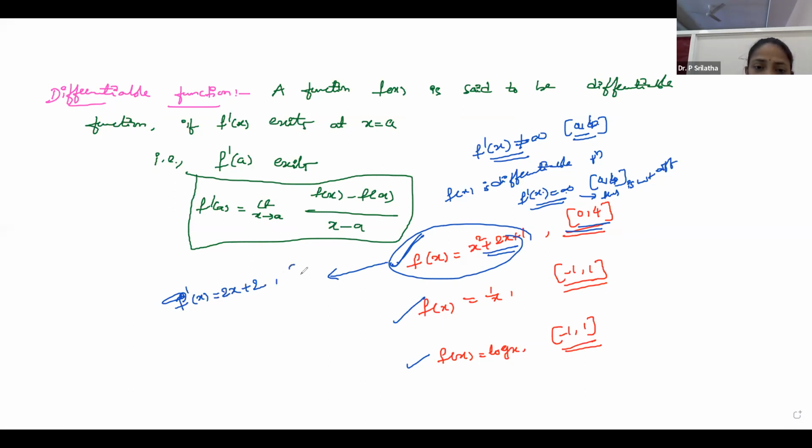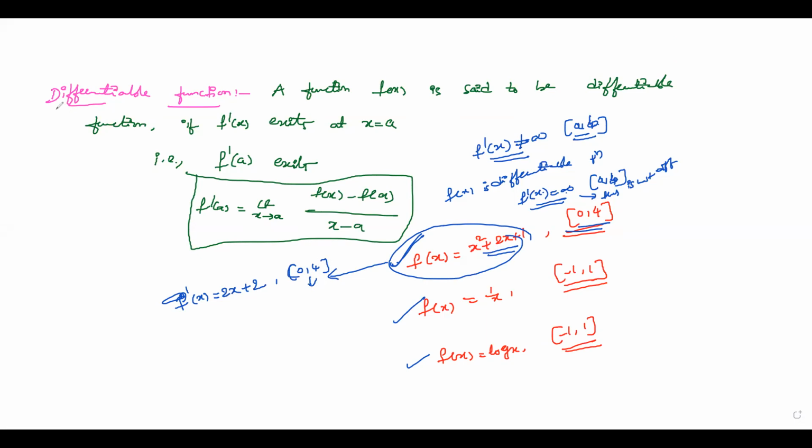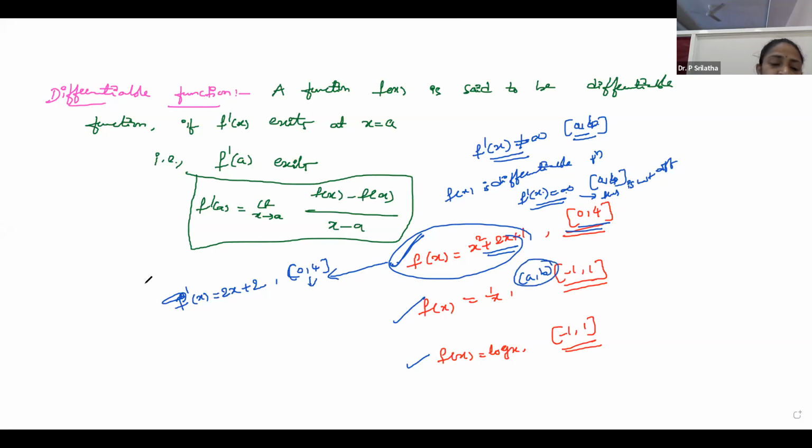So will this exist in 0, 4? Let us take one point in between these two points. Okay, so already I have told, the differentiation will always exist in the open interval a comma b, right? Why?